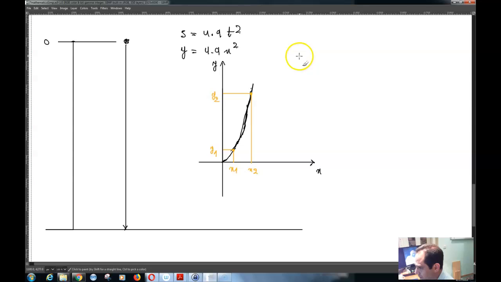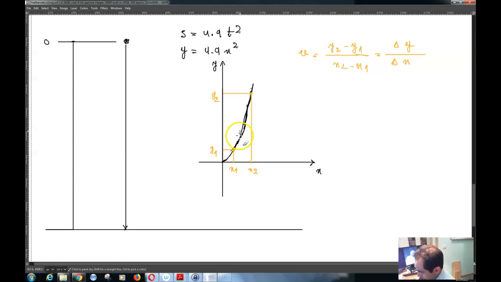So we said that v is equal to y2 minus y1 over x2 minus x1, which you can write as delta y over delta x, your vertical change over your horizontal change.